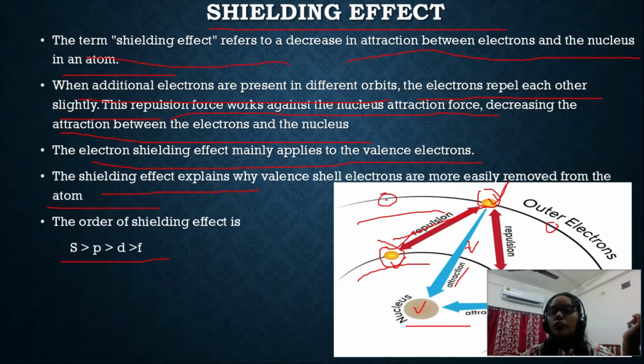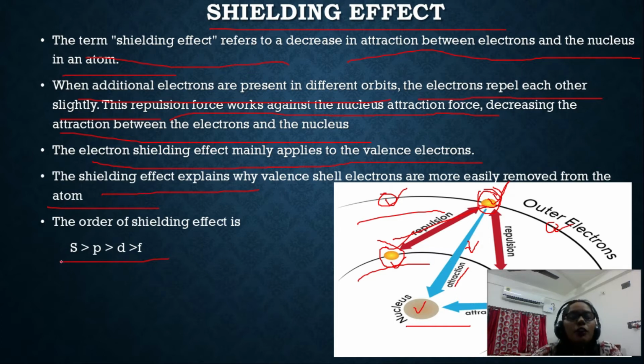And these 2 outer orbital electrons again have the same tendency to become a barrier, to shield the attraction force, so that the electron cannot be attracted by the nucleus more strongly. So same orbital electrons have the same effect, and this effect is called the shielding effect.